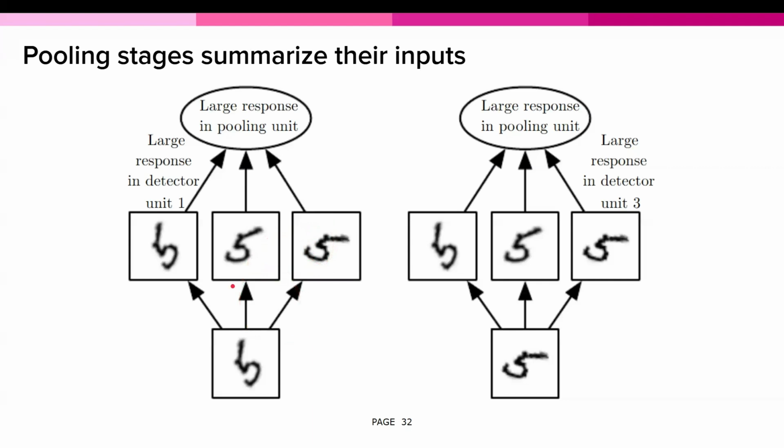When a 5 appears in the input, a corresponding filter will activate. Then a pooling unit pools across these feature maps to select the strongest activation and produce a robust response, regardless of which filter actually fired. This type of pooling makes the network invariant to transformations like rotation, as the pooling unit outputs the same result for different variations of the input.